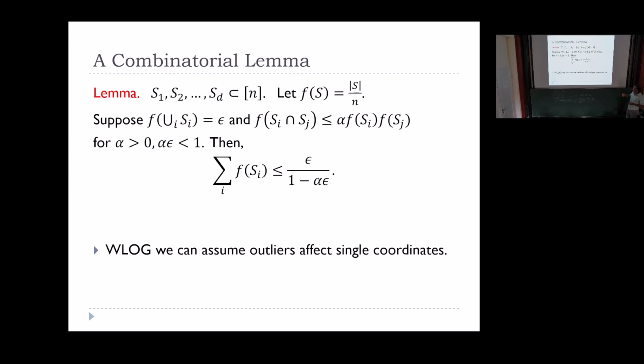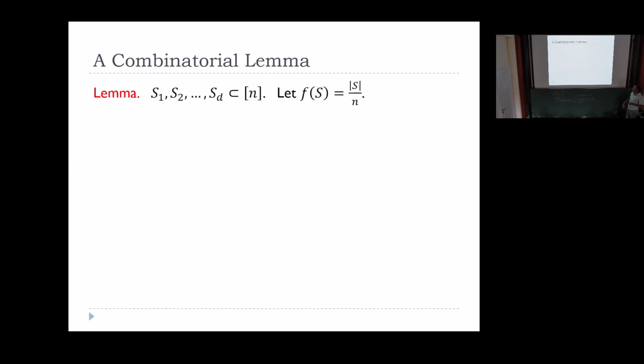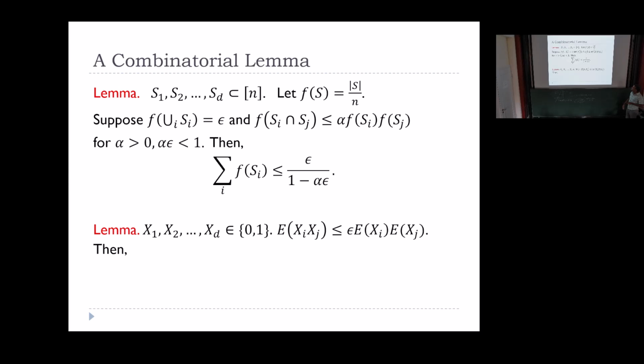Underlying this, you can turn this into a purely probabilistic statement. I should have some high-dimensional probability. If you have Bernoulli variables, not independent, with the property that the expectation of the product x_i x_j is at most epsilon times the product of the expectations, then indeed the sum of the expectations is at most 1 over 1 minus epsilon.